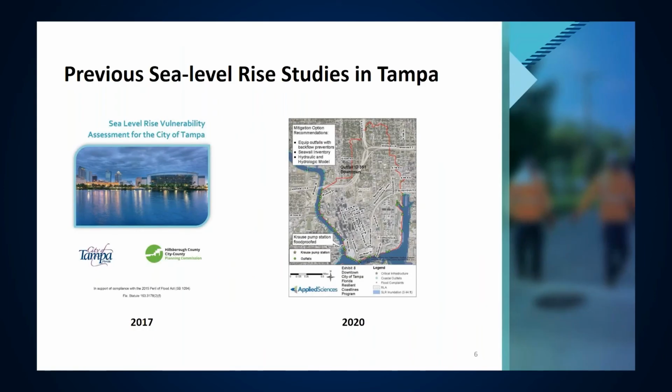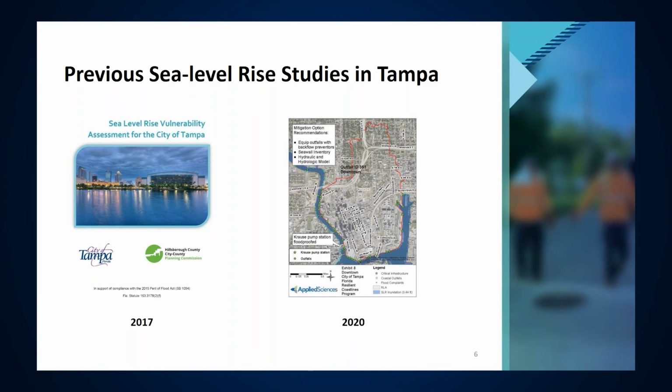This project is building off of some previous studies. Sea level rise has been studied a little bit here in Tampa, not a great lot, but a little bit. In 2017, as part of the Parallel Flood Act and Comprehensive Plan Update, there was a sea level rise vulnerability assessment for City of Tampa. Just this year, a study of drainage outfalls within the city was published, not just in this location, but in various locations around town.